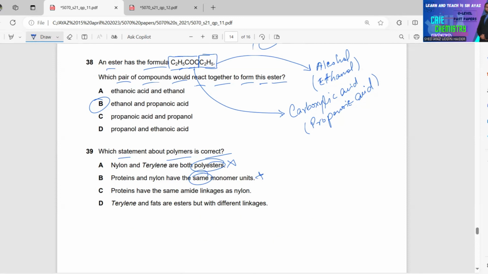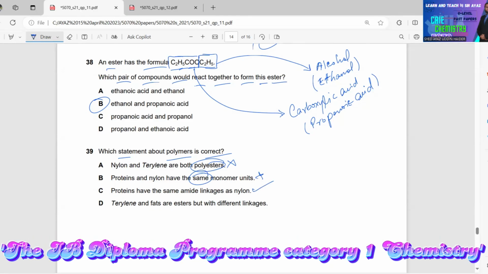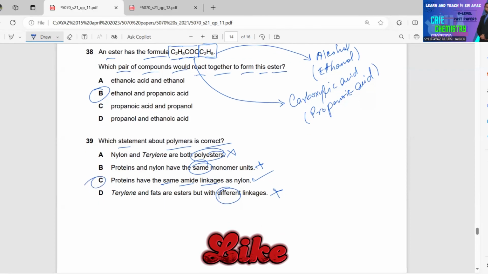This is one of the possibilities. C, proteins have the same amide linkages as nylon. This looks correct to me because both of these have the same linkage, that is the amide linkage. D, terylene and fats are esters but with different linkages. This is wrong because both of these have the same linkage, not different linkages. So C must be the right answer in this case.